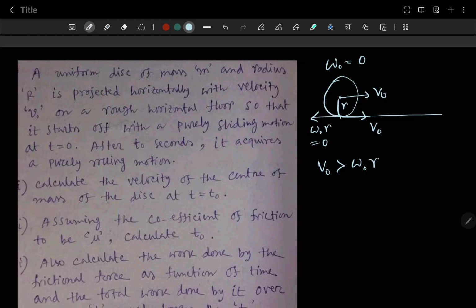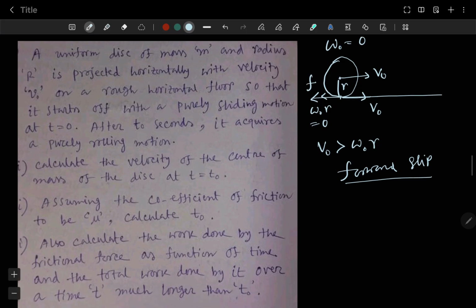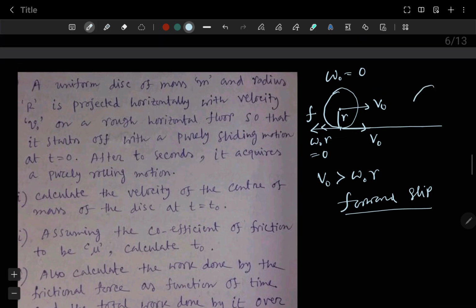Okay, so this is a forward slip. So friction acts backward. Okay, so now write the kinematical equations first. In forward slip, after time t0 it acquires pure rolling, so it becomes v and becomes omega.